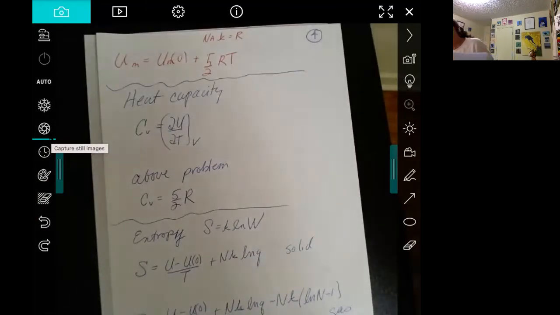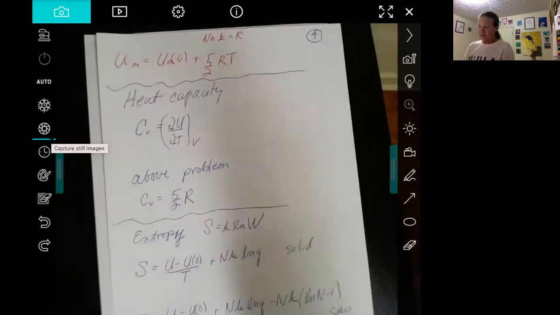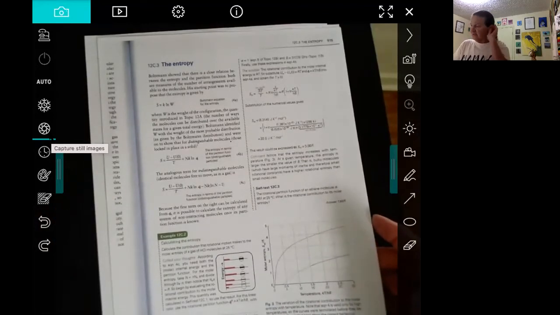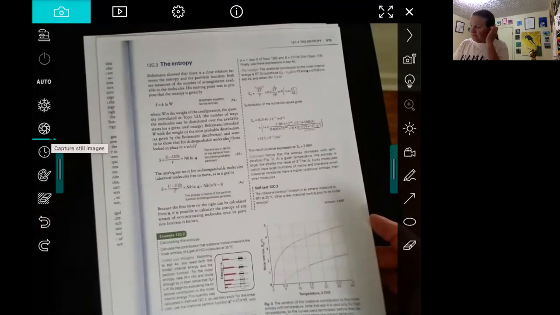For our next thermodynamic function, the entropy, he doesn't go through a derivation of this. If you take 366, we'll derive this in detail.